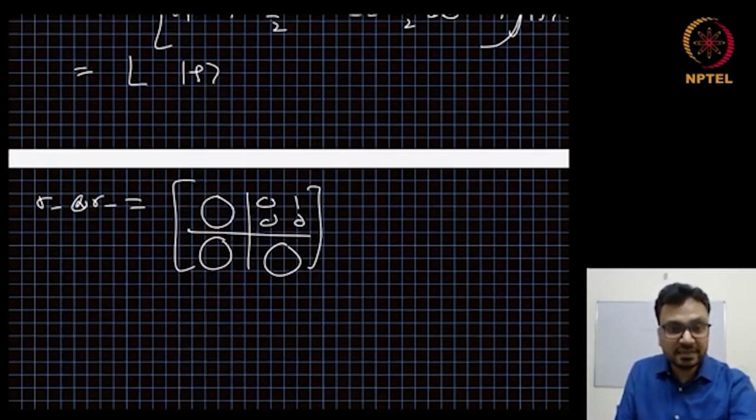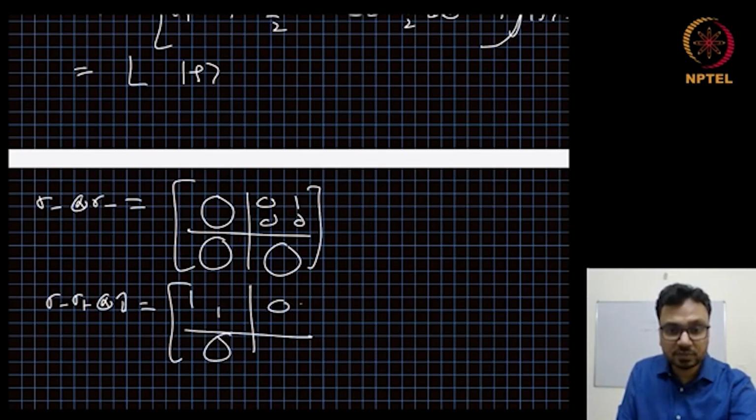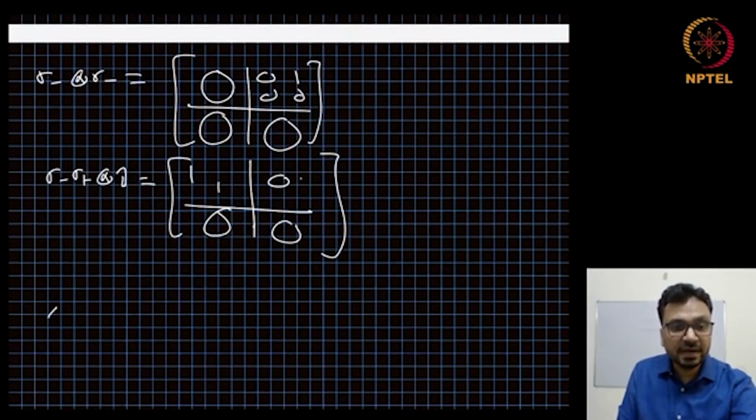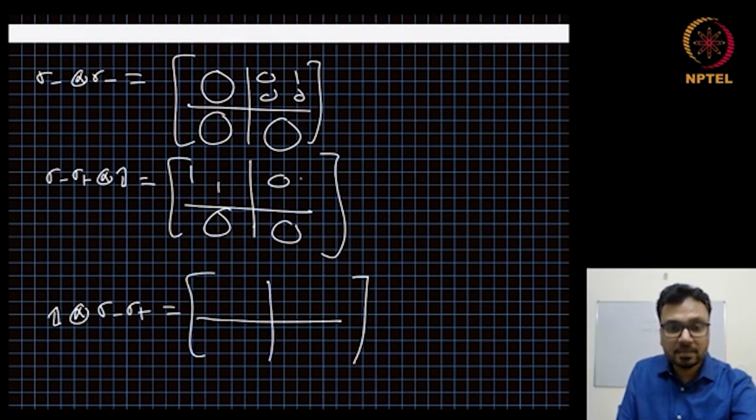So this tensor identity, and identity tensor sigma minus sigma plus will be as follows, and everything else is 0.